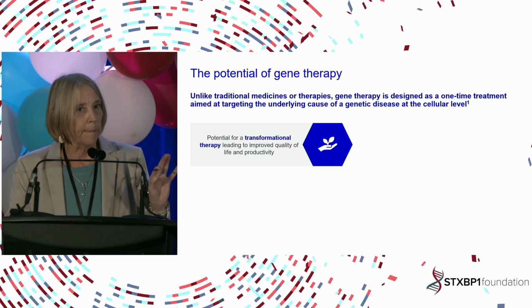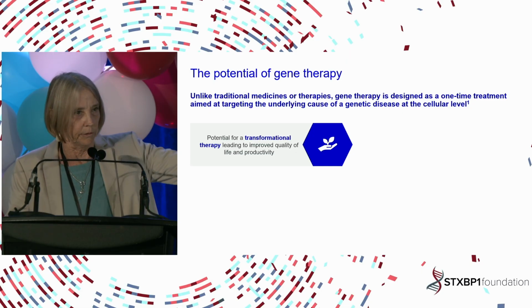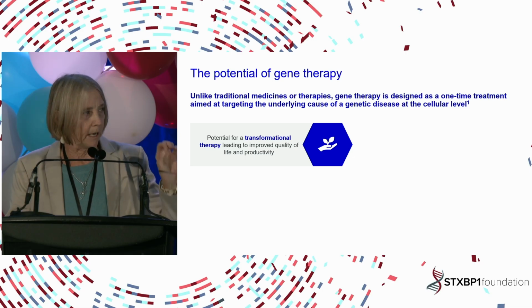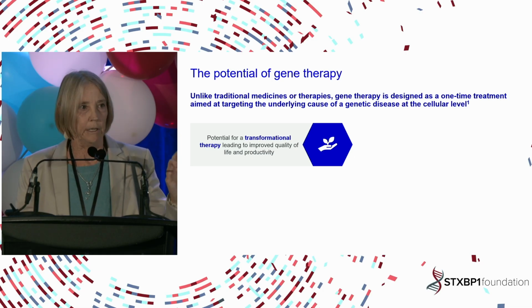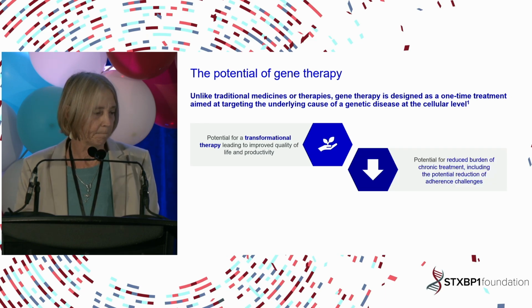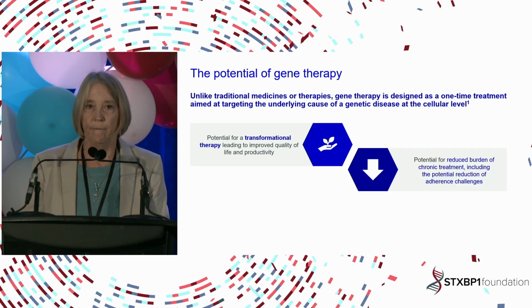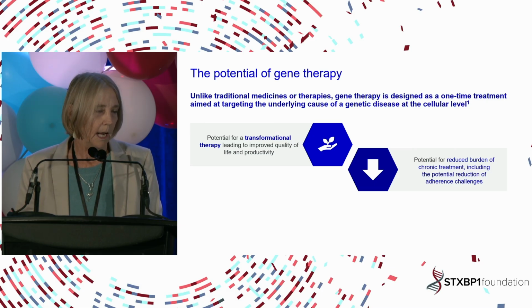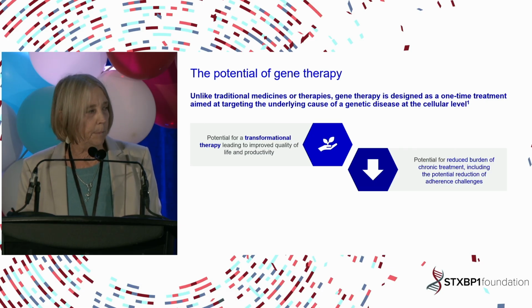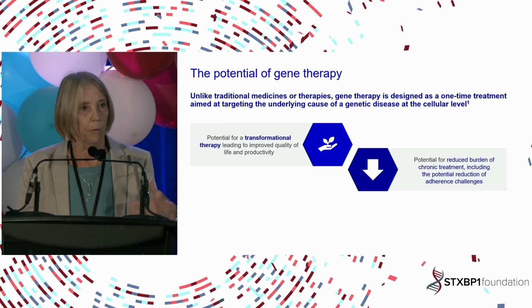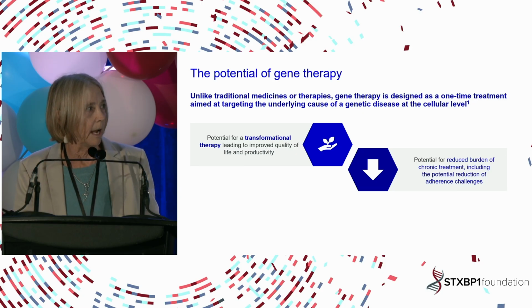We really worry about the word cure, creating an absolute cure. A treatment that is effective and improves the quality of life is a huge bar to reach, and we're aiming for that. It has a potential for reduced burden for the patient and for the families, and in costs, because it is a one and done therapy, and it also improves the adherence to lifetime therapies.